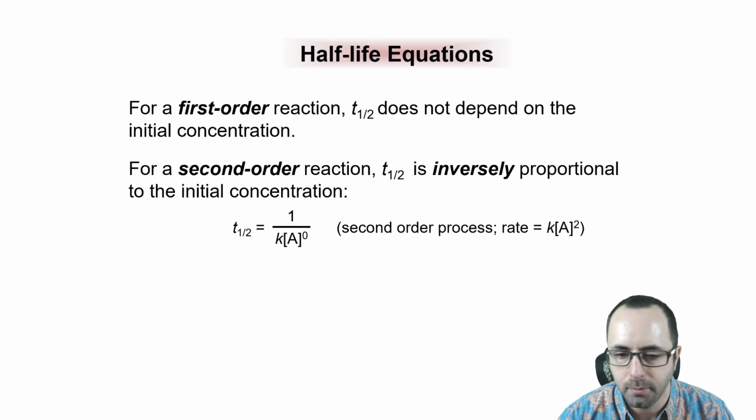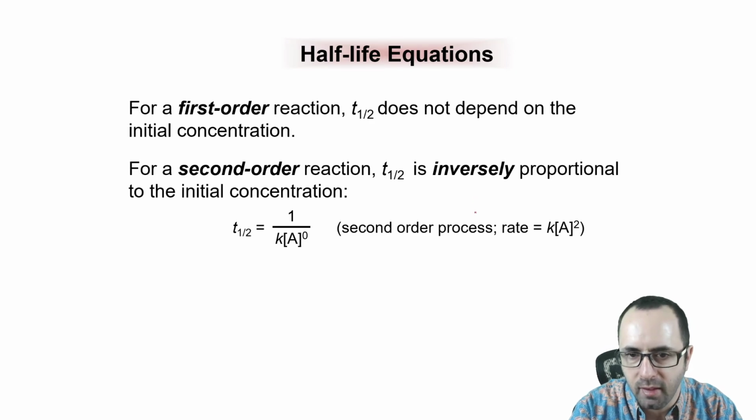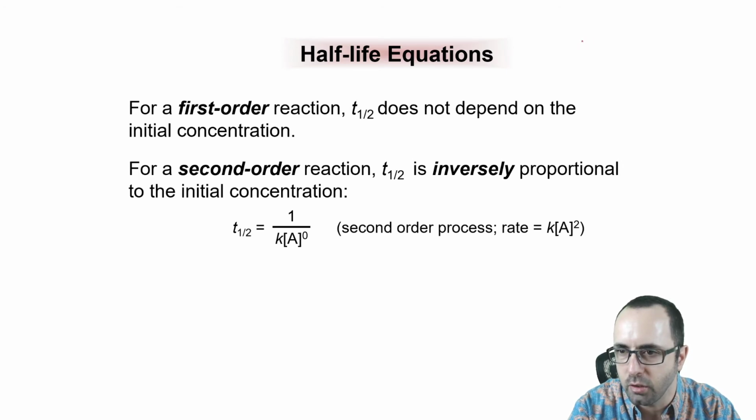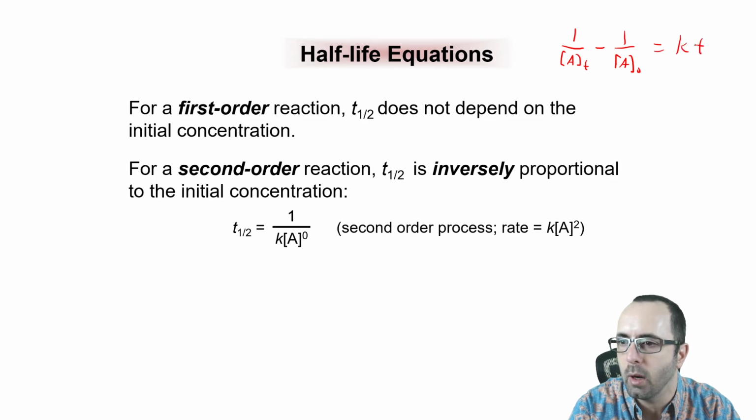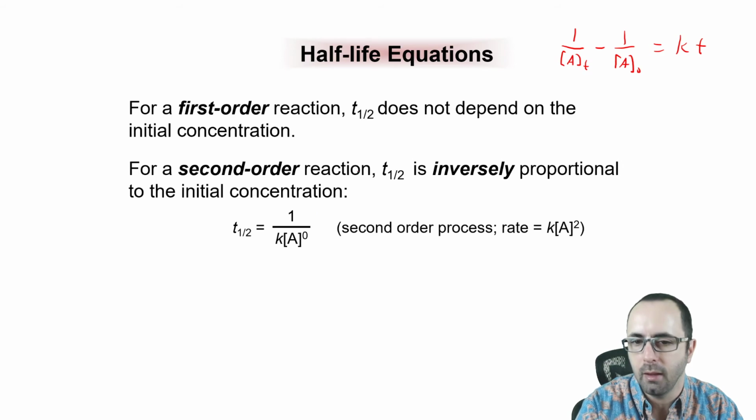Why is that? Well, let me derive it for you in the same way that I did for the first order half-life in the nuclear chapter. So if we're using the integrated rate law for second order, and you don't have to memorize this, you will always be given it, but it looks like this. So this is what I gave you on the very first slide. And remember what half-life means.